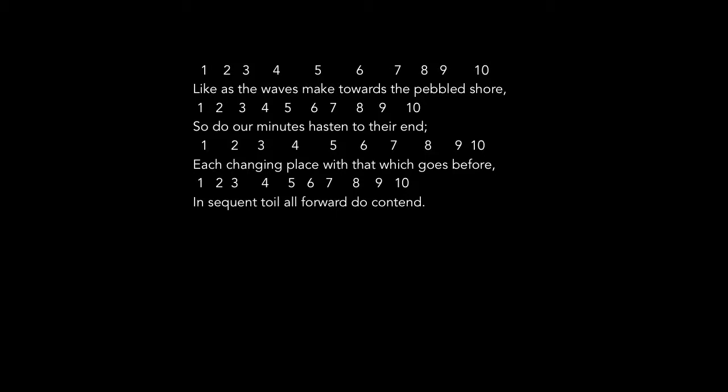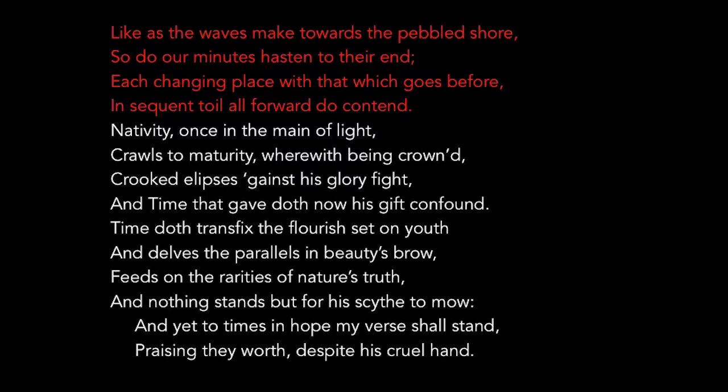I think that is enough talking about the structure of the sonnet. Let's begin focusing on the words and the meaning of this poem. Let's start with section 1. Like as the waves make towards the pebbled shore. So, like as.